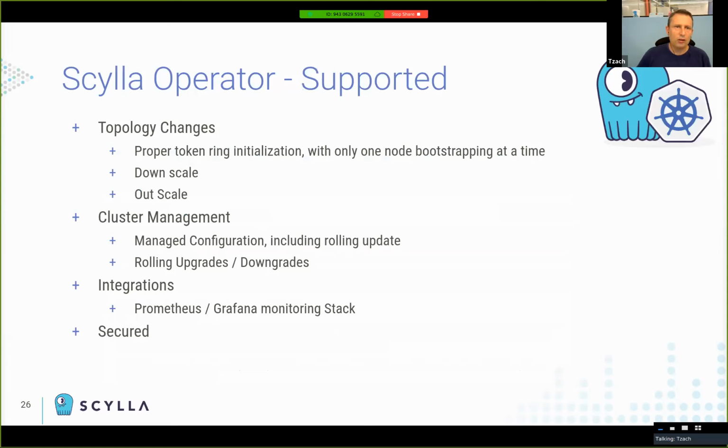So I mentioned that the Scylla operator is still in beta. I want to quickly cover what is supported and what is not supported. The Scylla operator already supports topology changes, as Mikhail demonstrated, downscale, but also outscale. We support configuration change, rolling upgrade, and integration with Prometheus and Grafana, as Mikhail demonstrated.